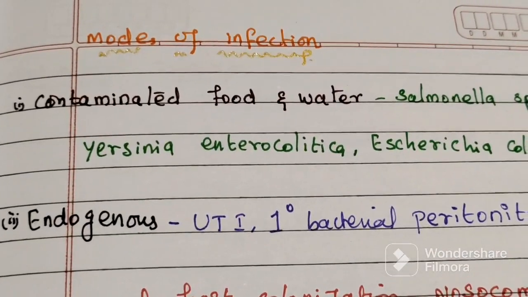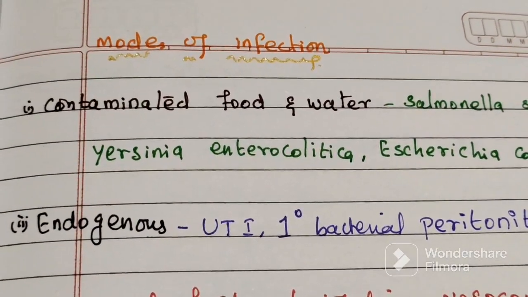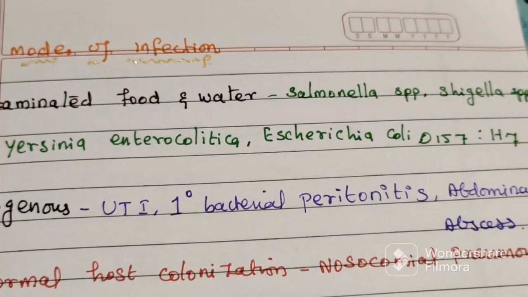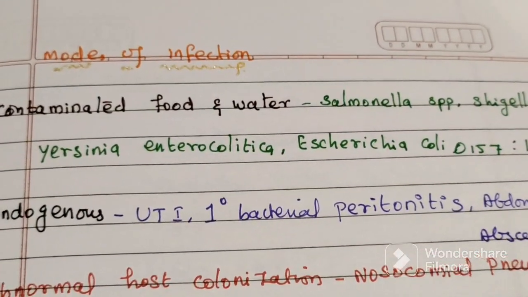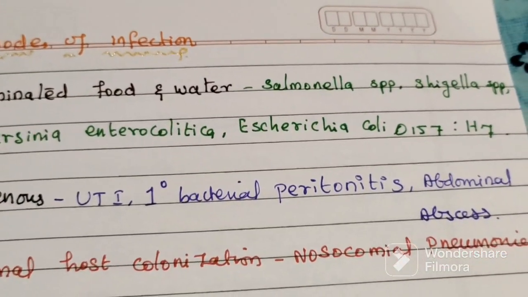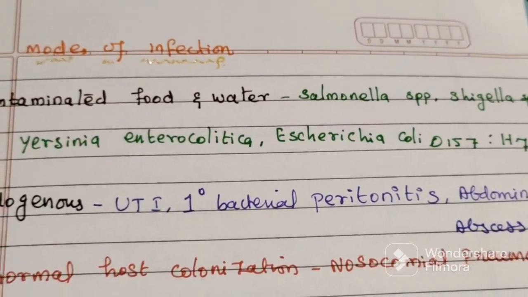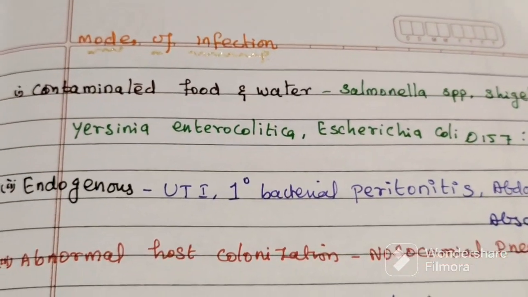Next, the mode of transmission of Enterobacteriaceae infection is through contaminated food and water. Salmonella species, Shigella, Yersinia, and Escherichia coli O157:H7 serotype cause infection through contaminated food and water.